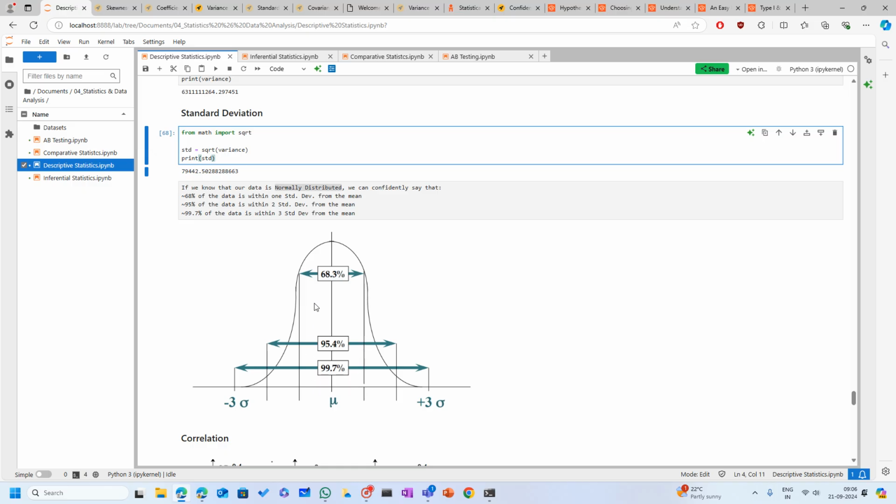Likewise, the difference between one standard deviation and the second standard deviation is again $80,000.